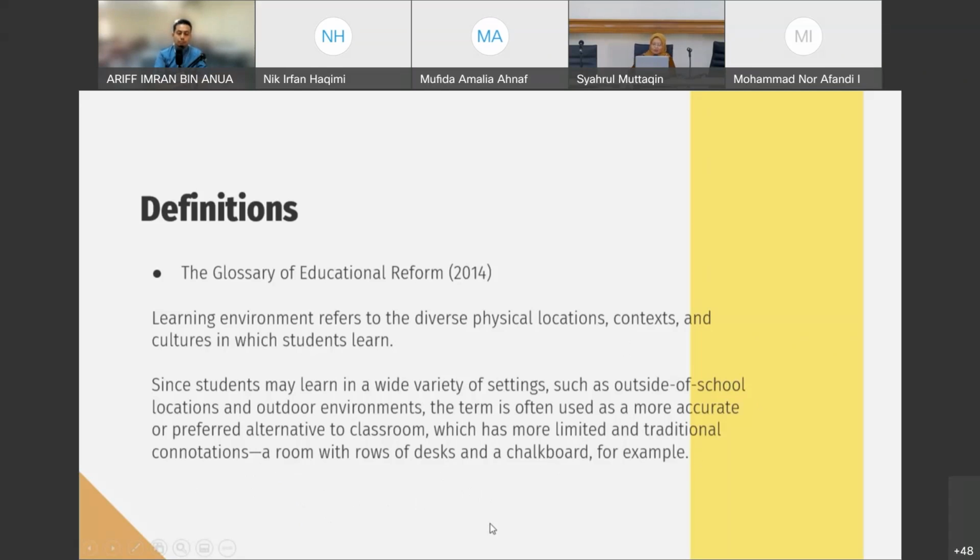Yeah. But actually, a learning environment will involve all the situations and also conditions inside of the classroom and also outside of the classroom.